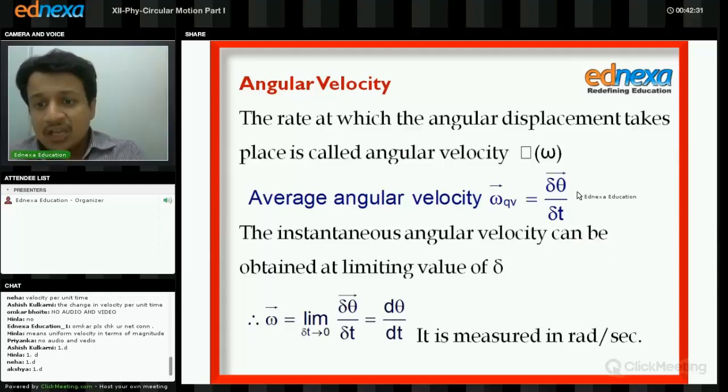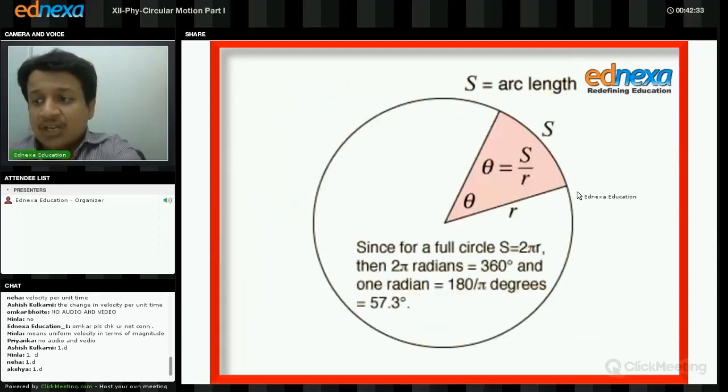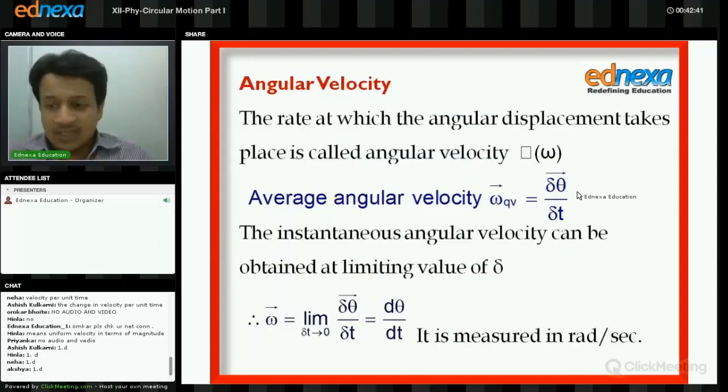It is 360 degrees, and 360 degrees means the angle covered is 2 pi. So omega is 2 pi upon t. Is it right? But 1 upon t means frequency. So omega is 2 pi n.